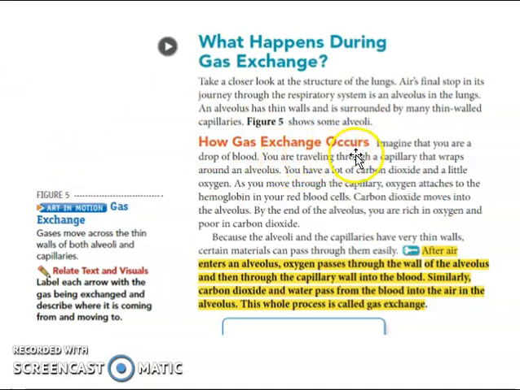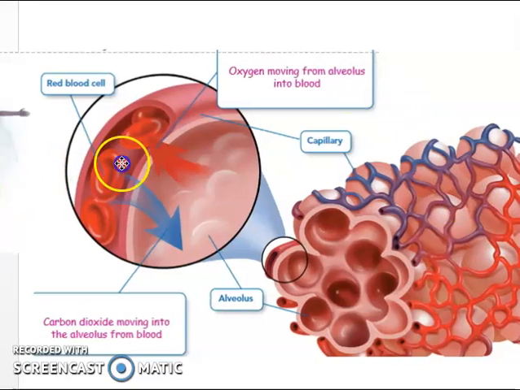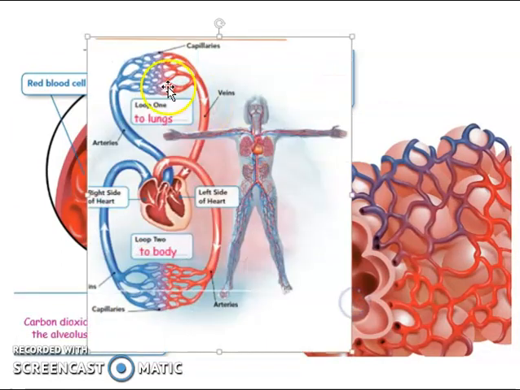So let's go back here. How does gas exchange occur? Imagine that you are a drop of blood. You are traveling through a capillary that's wrapped around the alveolus. This blue and red wrapping the alveolus here is called the capillary. Remember this picture in your circulatory system?